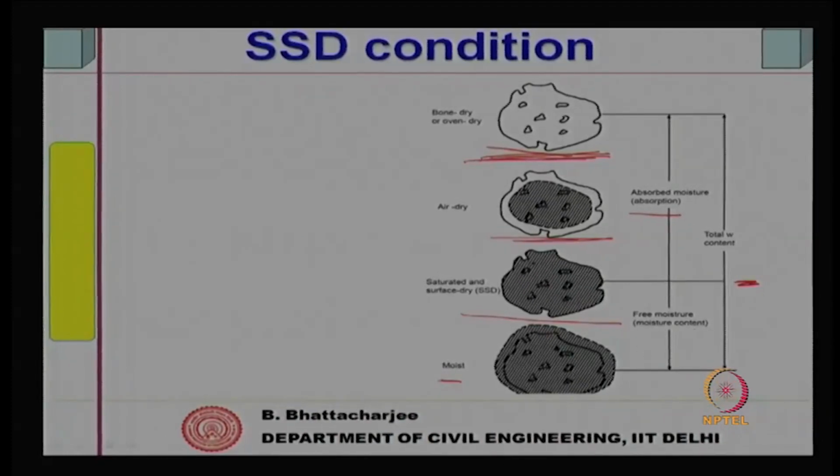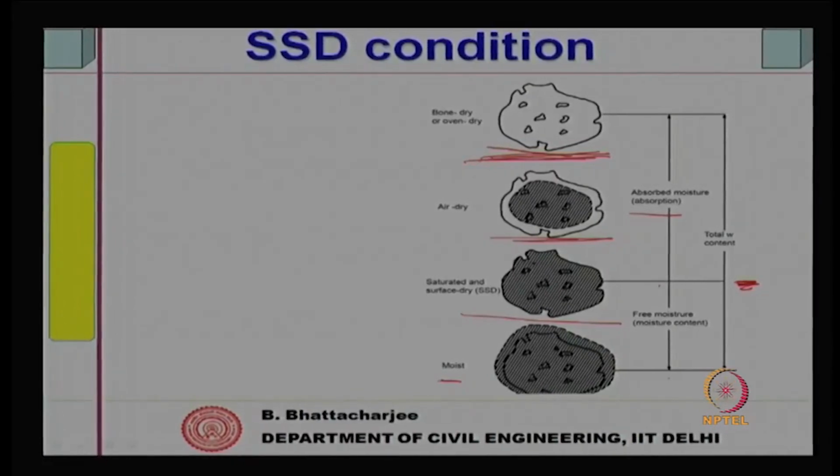So, this is our standard condition, right. These are absorbed moisture and this is also absorbed moisture. This has some free moisture, excess water outside, and in our standard condition we do not consider this, because this is a fixed condition. This might vary depending upon porosity, but this is the standard condition, and the water inside will be absorbed by the aggregate and will not be available for reaction.